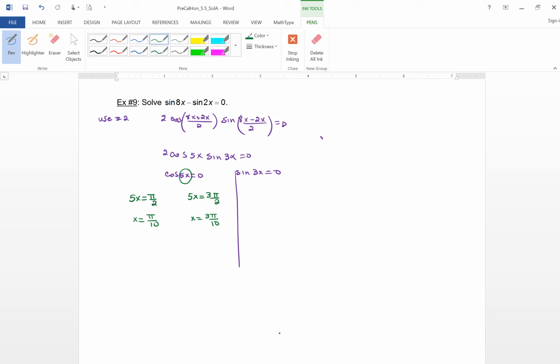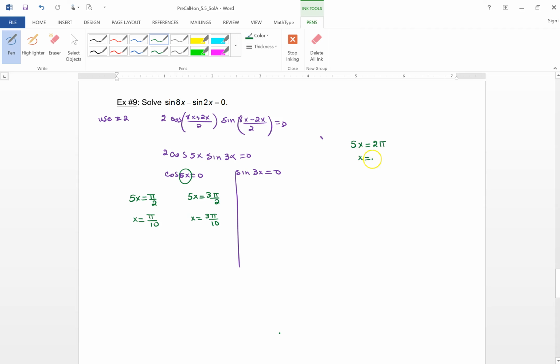But if it was sine of x, it would repeat every 2 pi. Now we have sine of 5x. That's a much shorter period. So 5x repeats every 2 pi.